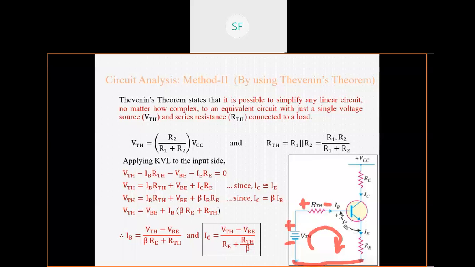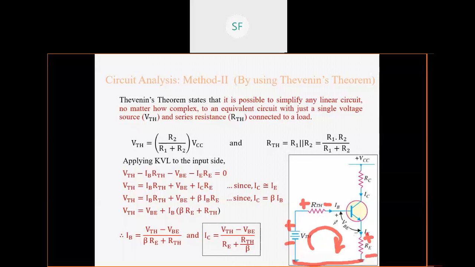VBE की polarity is already given, positive and negative. And again finally the drop across RE is nothing but positive. So there are total 4 voltage drops here in this loop, and now we will collect it and write it according to their sign.